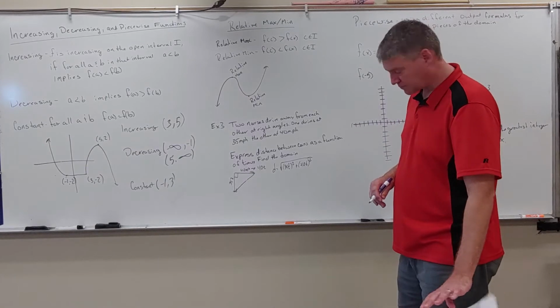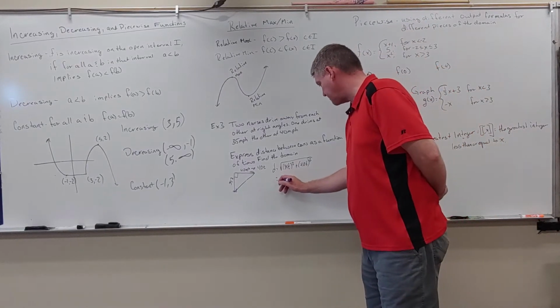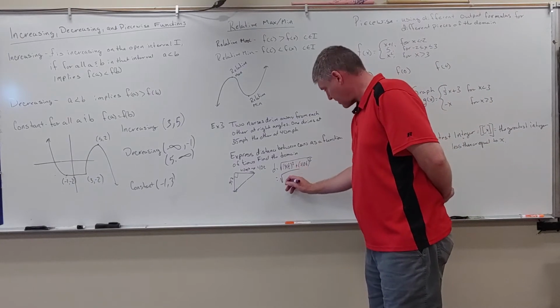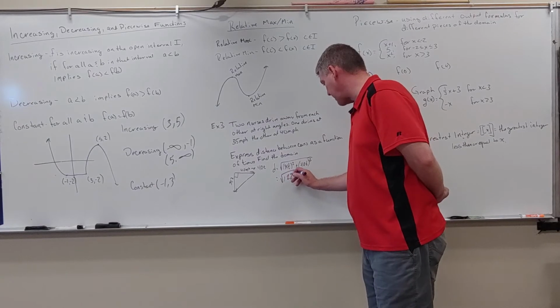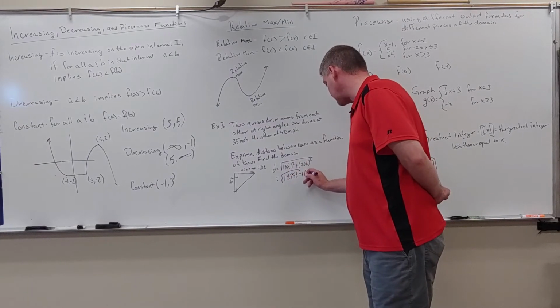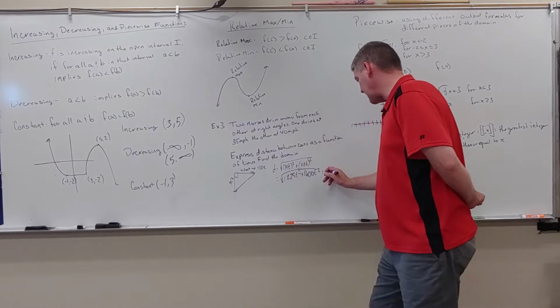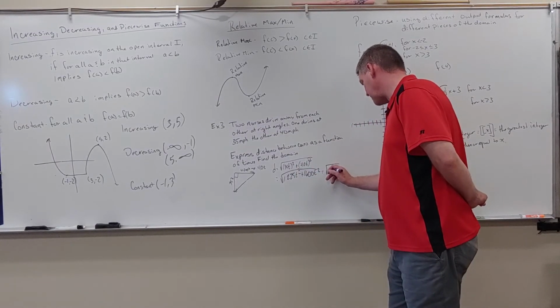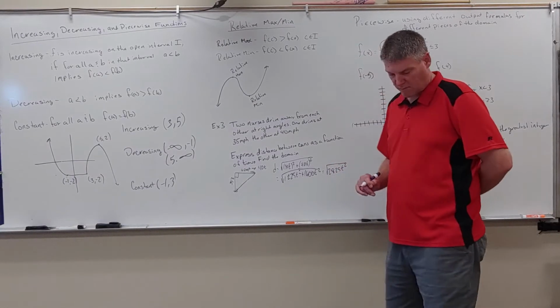Okay? Now, if I were to simplify this, it's going to be 1,225 t squared plus 1,600 t squared. So I end up with 2,825 t squared.